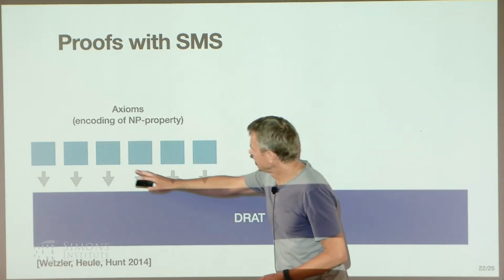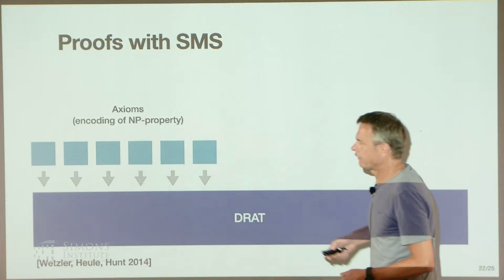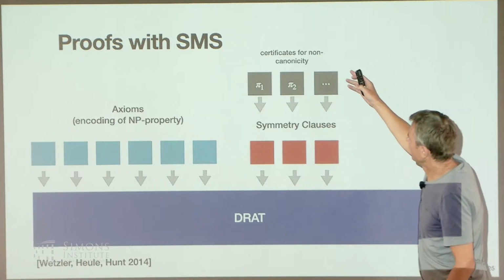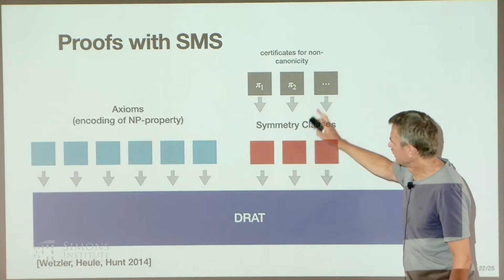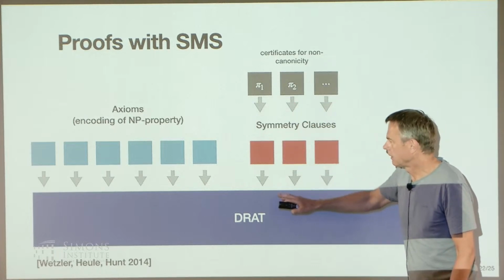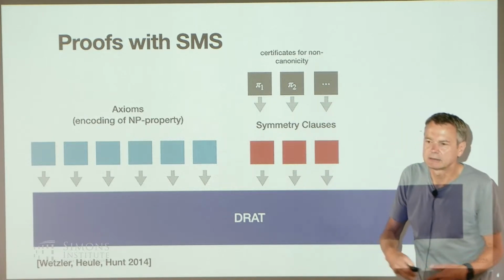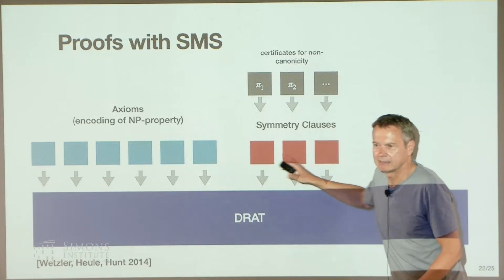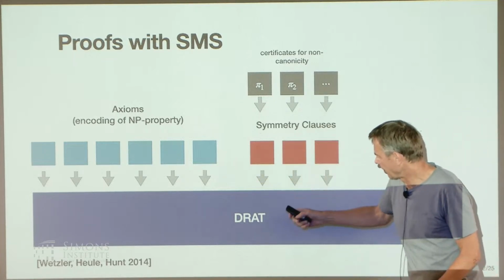In addition to our encoding, we also have additional clauses from the canonicity, but we just add them as additional axioms, and then we can run a SAT solver again, without all this propagation, just on this extended set of axioms, and we get the DRAT proof.